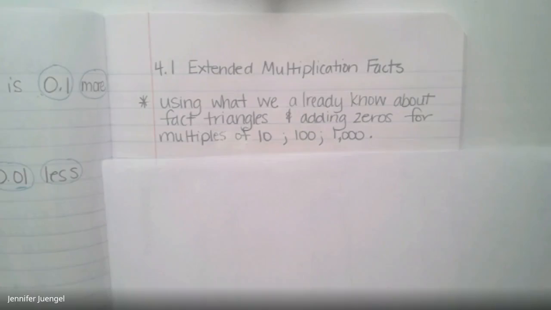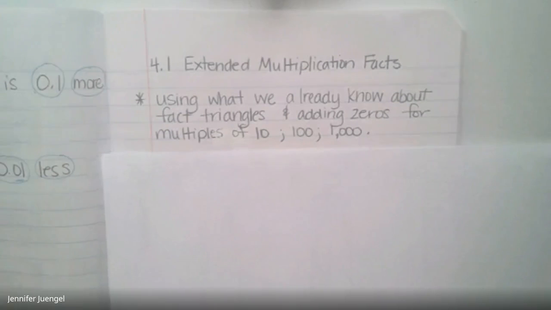And then adding zeros for multiples of 10, multiples of 100, multiples of 1,000. So every time we are looking at a basic multiplication fact, we can use what we know about that basic starter fact. And even if those factors get bigger by multiples of 10, we know how to solve it because we know the basic fact to begin with.